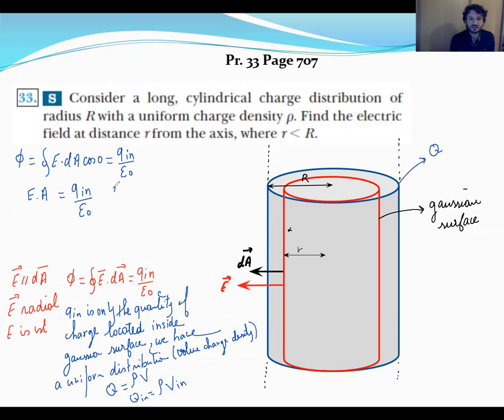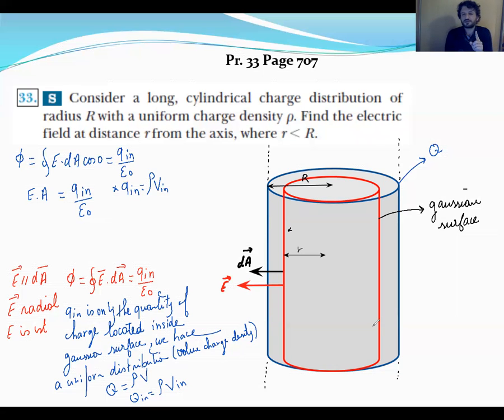Let's calculate each value. We have a volume charge density, Qn equals rho times Vn. Here, the volume of a cylinder equals the area of the disc of the section times the height.